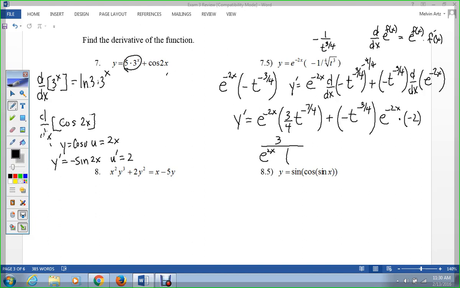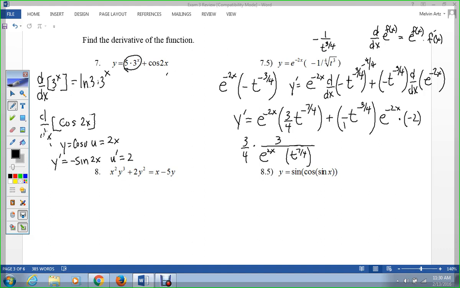So if we pulled the 3/4 all the way out to the front, then we would just have t to the 7/4, and you can see how that would simplify. We'd have 9 over 4 e to the 2x times t to the 7/4.